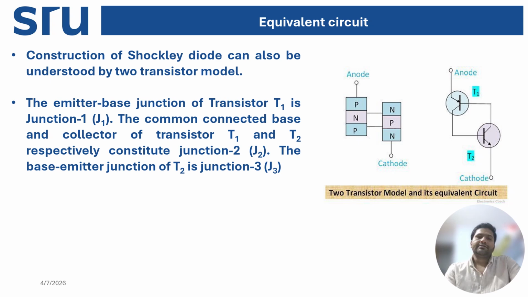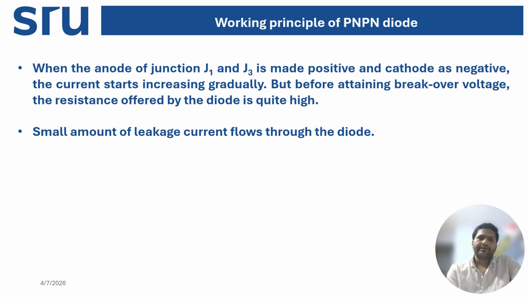So next is working. A PNPN diode operates based on the junction bias and regenerative feedback, which give it switching characteristics rather than simple diode behavior. So let us consider a forward bias connection.